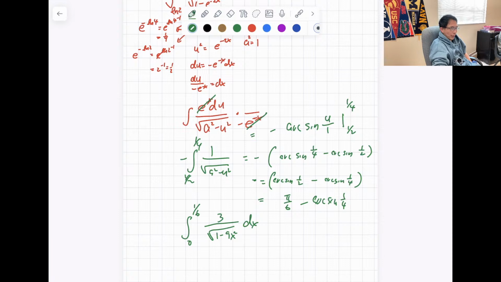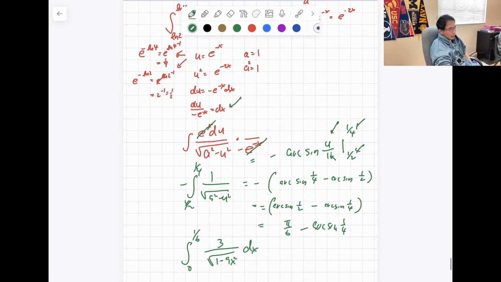It's u over a, right? So u over 1. And this is already in terms of u, so I just plug in 1/4 and 1/2. Here? The step below it. Oh, the step before, I cancel out e to the negative x. So I put a negative sign outside.